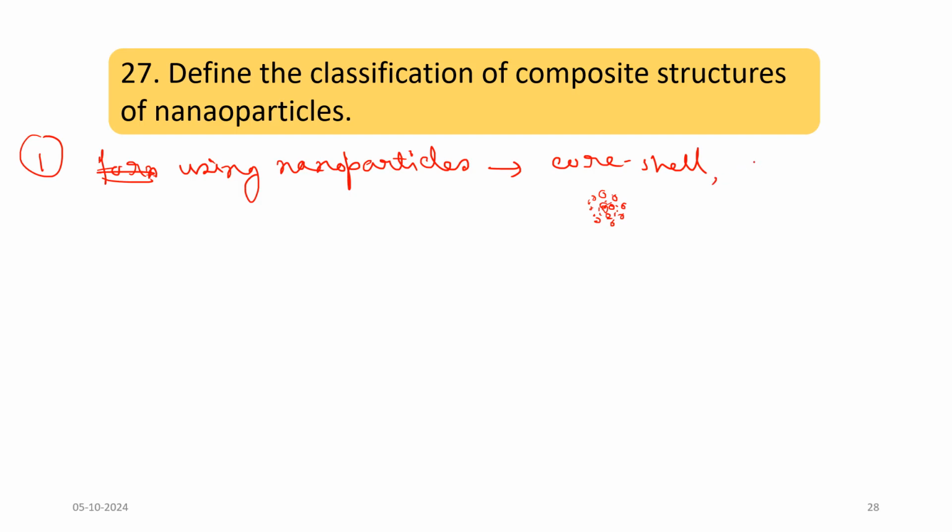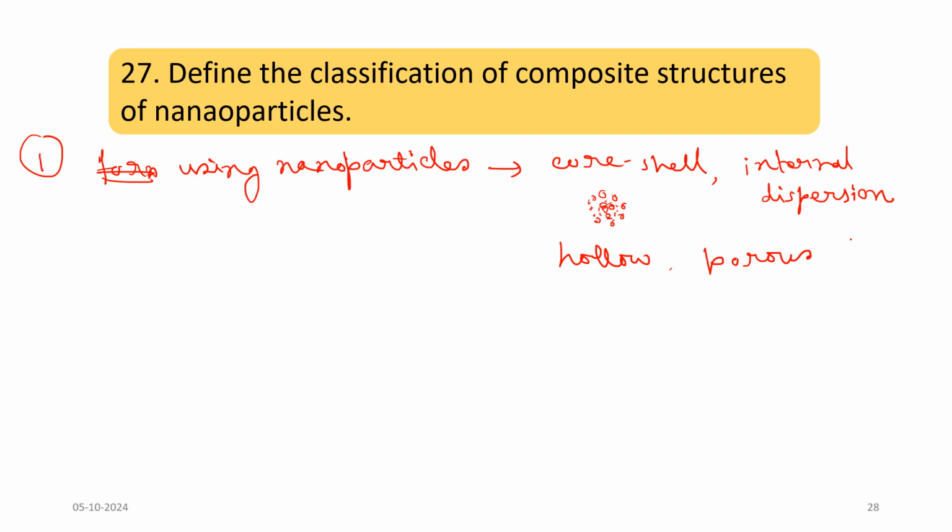Second one is the nanocomposites formed from agglomeration of nanoparticles. In this way, core shell can also be formed.